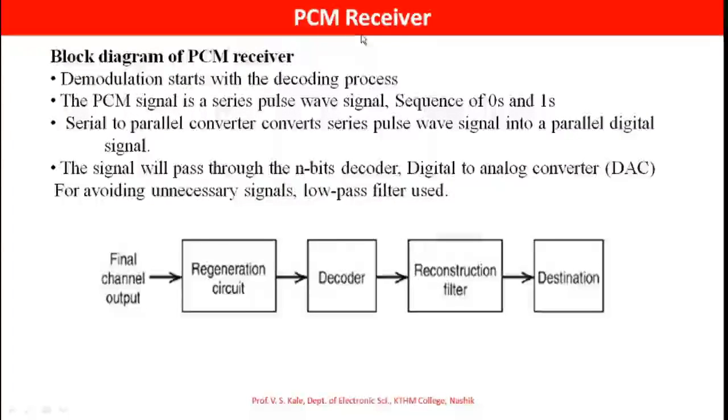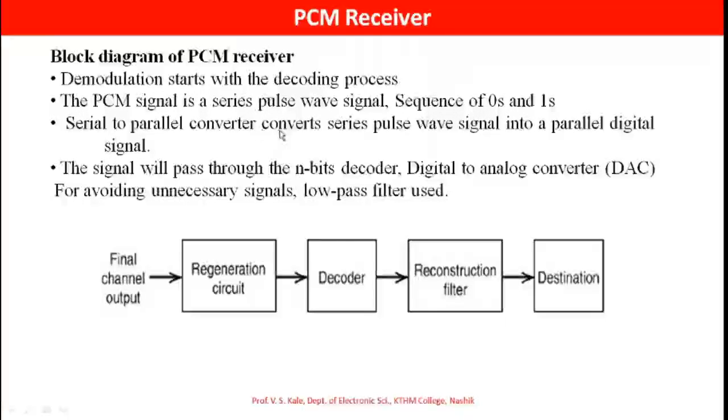Let us see the PCM receiver. The demodulation process starts with the decoding process. The PCM signal is a series of pulse wave signals, that is binary form consisting of a sequence of zeros and ones, in serial.